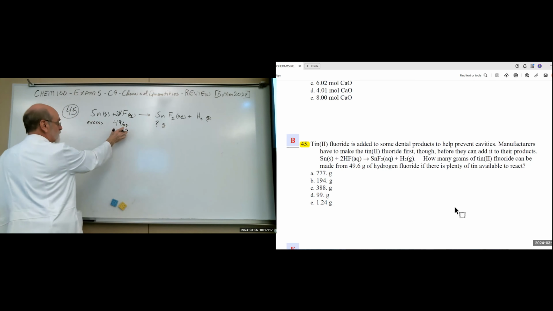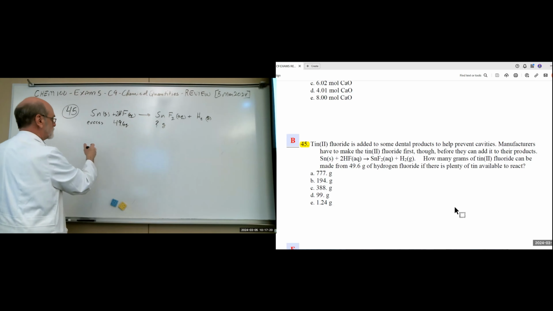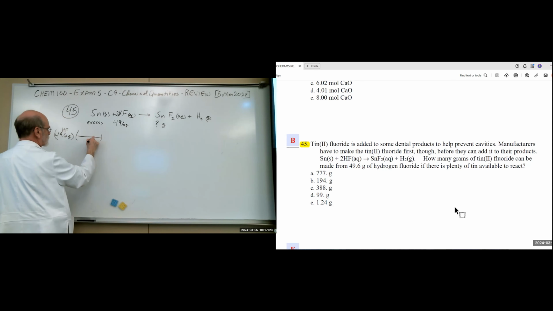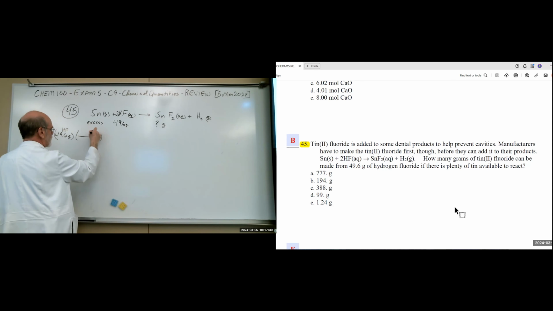Okay, we need to convert this to moles before we can go anywhere. So 49.6 grams of HF, we want to convert to moles of HF.